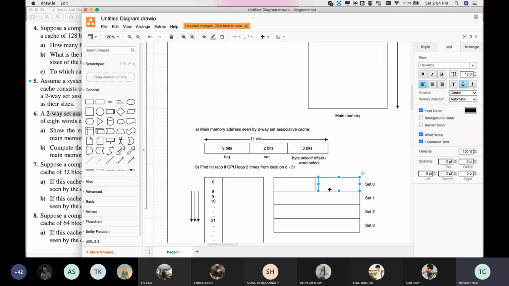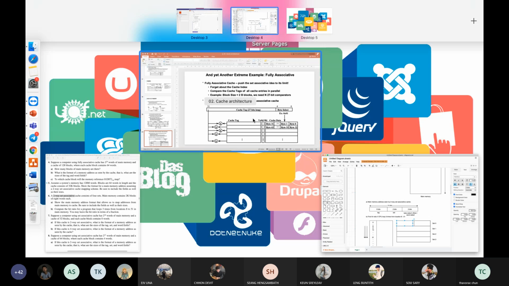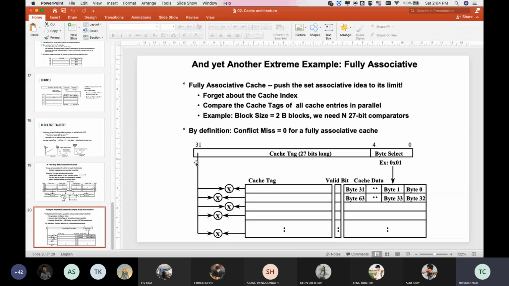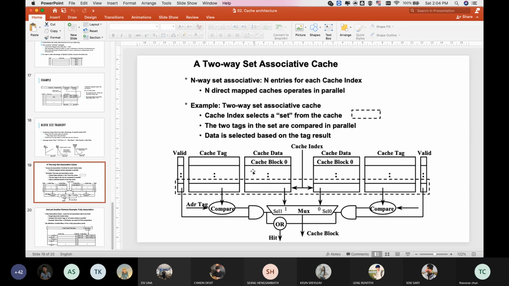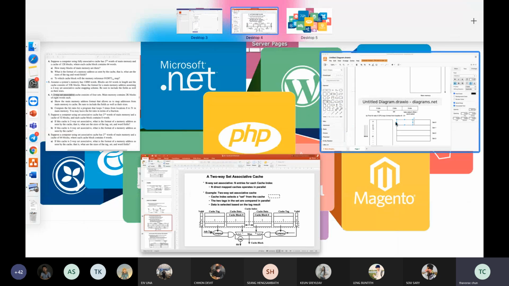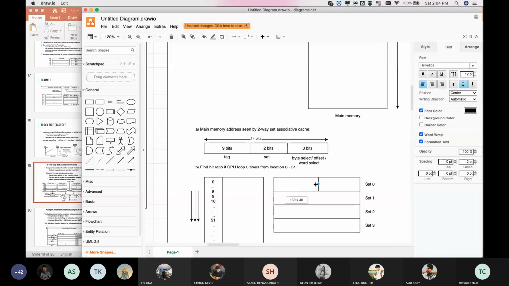I draw it like this because it's the same as in this diagram. See, they draw it like this. Okay, so it just makes it similar to our lesson. So this is block 0, this is block 1 in set 0.